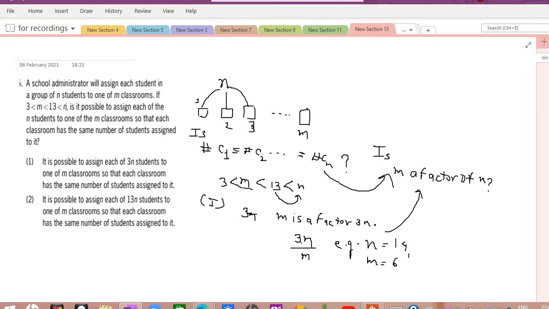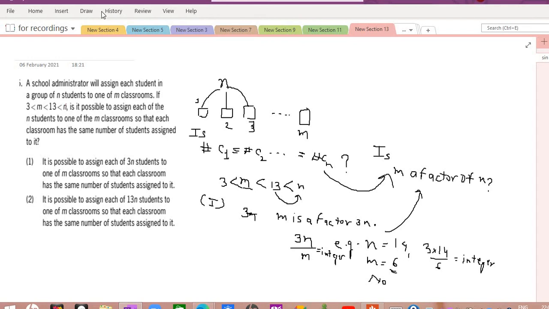Is that correct? Exactly, this is an integer, of course, it's given to you. So with n as 14 and m as 6, if you substitute these values, 3 into 14 by 6 will be an integer, isn't it? Correct. So does it answer my question, is m a factor of 14? No. Your answer is no.